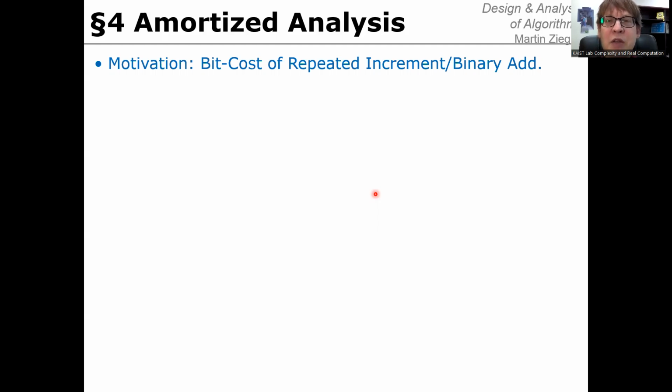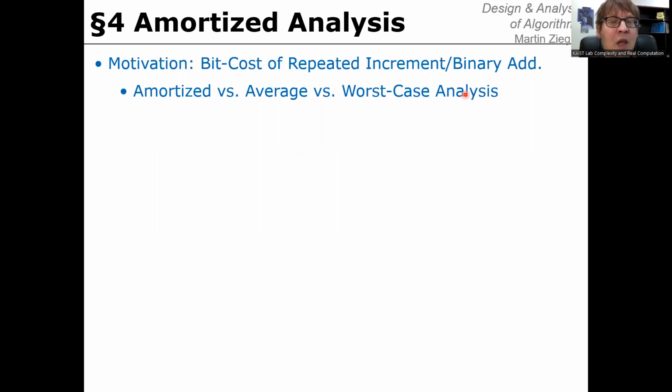But now we're going to take it from the perspective of amortized analysis, and then we're going to generalize that from repeatedly incrementing to repeatedly adding binary powers of 2, which will turn out to be an interesting application later when we talk about Fibonacci heaps and analyzing this data structure.